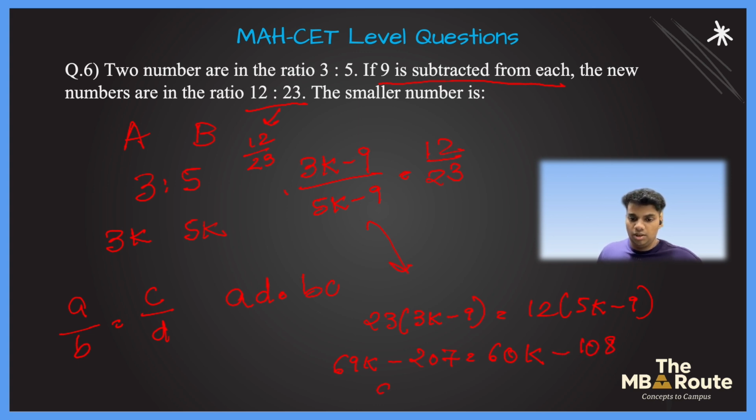Okay. That would be 9k is equal to 99. So K would be 11. K is 11. And the smallest number between the two is obviously A. So the final answer would be 3K is equal to 33.